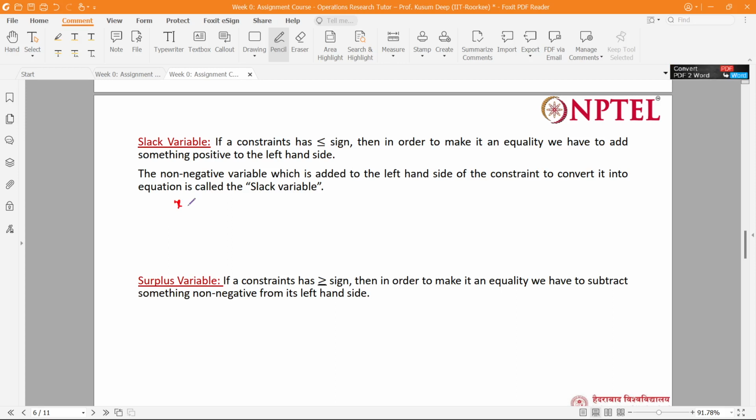For example, here you can see there is a constraint x1 plus x2 less than or equal to type. Then to make this constraint into an equation, we need to add a positive quantity, that is, I am adding here an x3, which is a positive quantity, to the left hand side. Then I am converting the inequality into an equation. For that, this variable is called a slack variable.